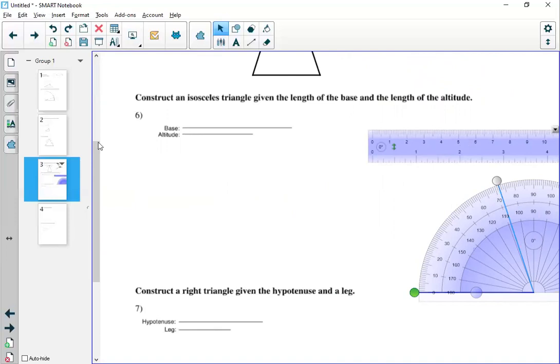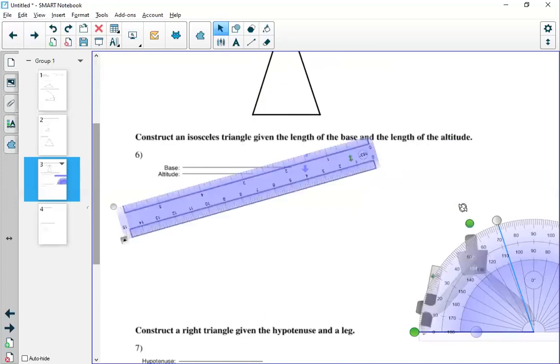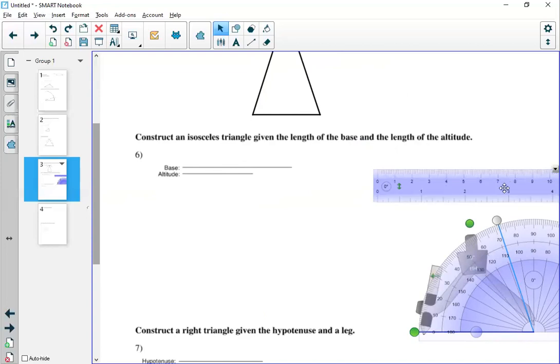So this time around, we have the base. As usual, use your ruler to measure the base of the triangle.